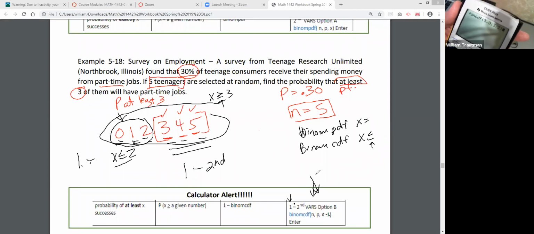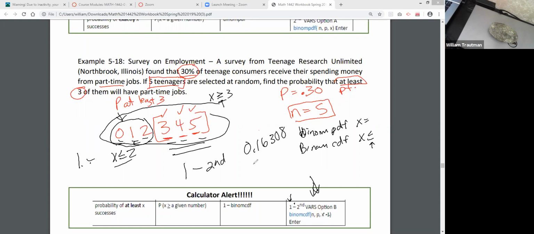When I hit enter, do you see it's doing 1 minus the binomial of that, and we get an answer of 0.1631. This is the actual probability.